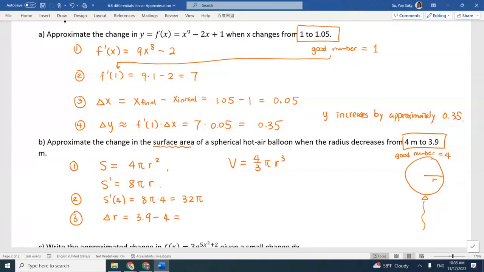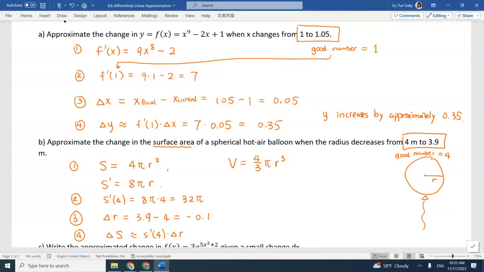Plus or minus? Minus 0.1. You see, it decreased. Finally, our change of S, not y, is approximately S prime of 4 times change of r.